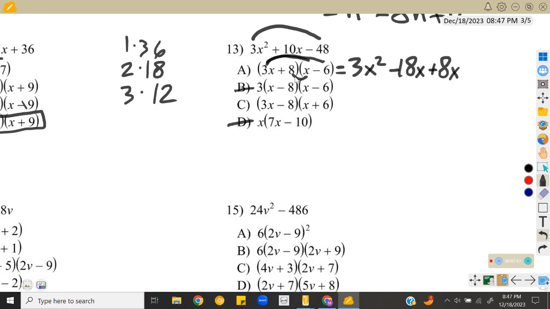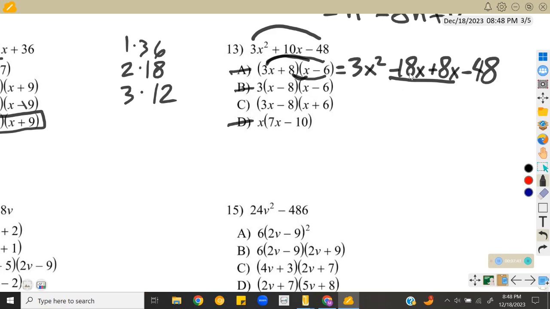And last, we would get positive 8 times negative 6, which would give us negative 48. So we could deal with this and realize that negative 18x plus 8x would give us negative 10x and not positive 10x like we need. We could see that this problem is the other way around. So we could actually eliminate A.